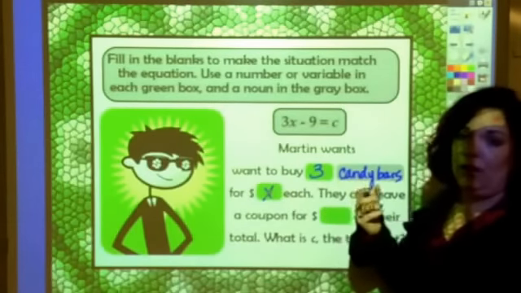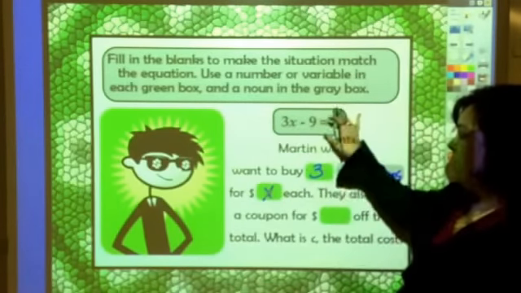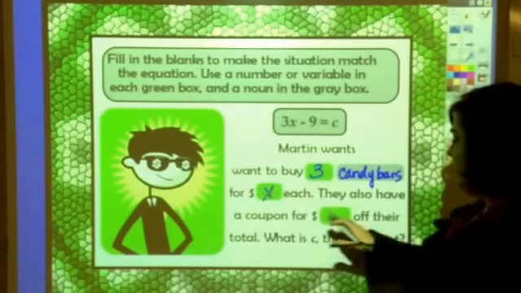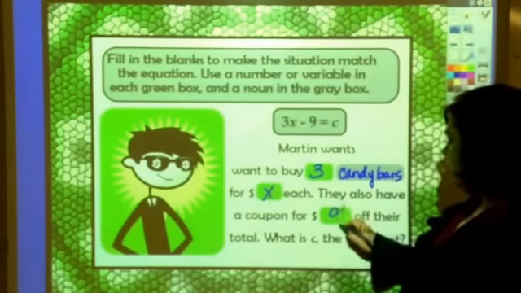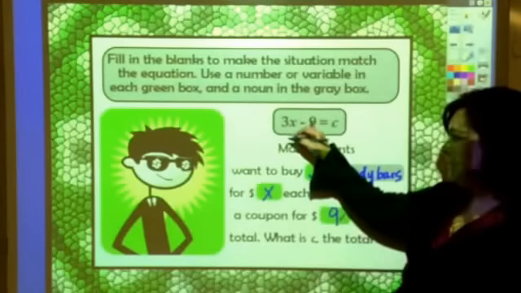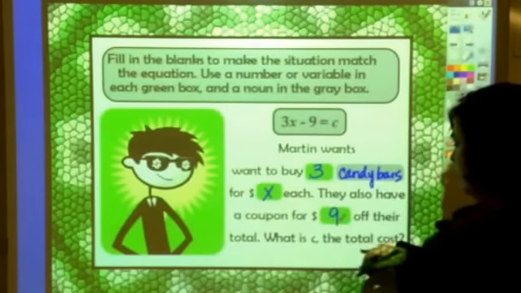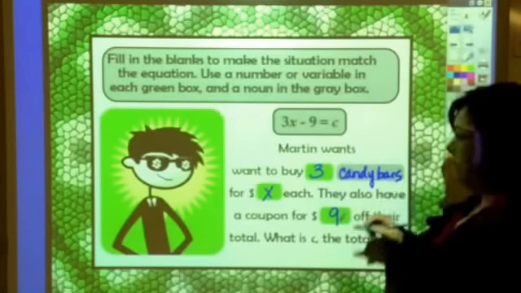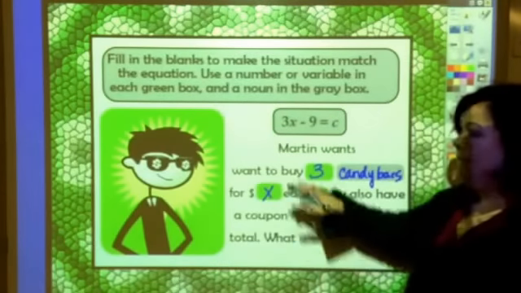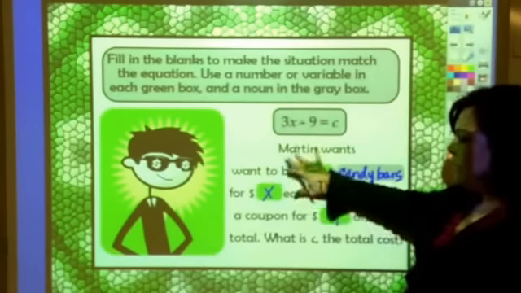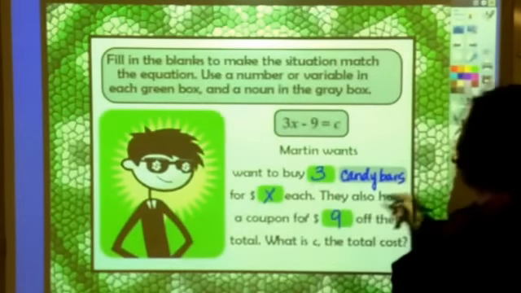We don't know how much they cost. And if we knew the cost, we could figure out X. They also have a coupon for $9 off their total because $9 comes off. And then what is the total cost? The C. So that gives you an idea of how the pieces, the numbers, the letters, the operations fill in a word problem.